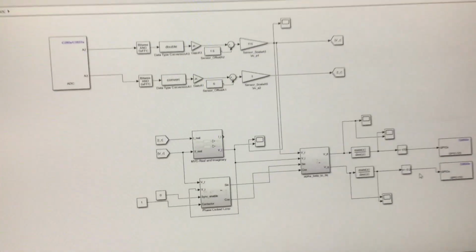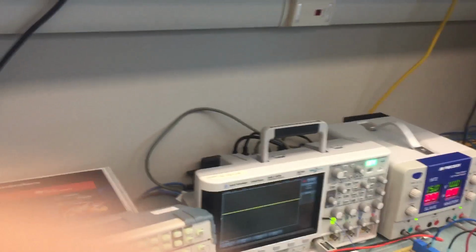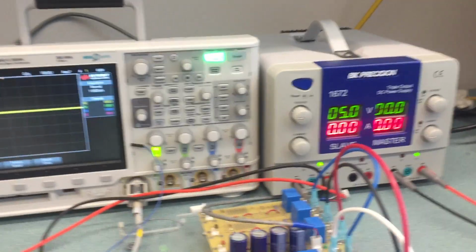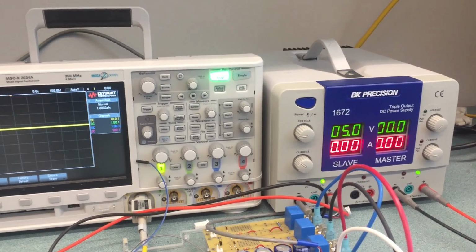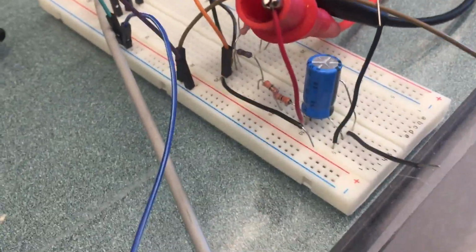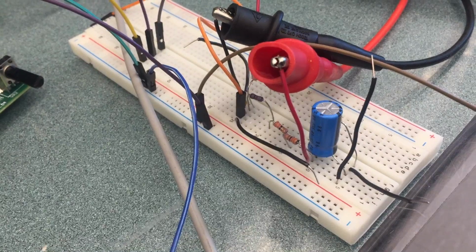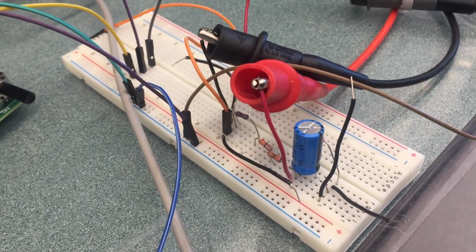So now how we have done this practically is that over here we have got a DC power supply. Now in order to have this regulated at 0 and 3 volts, we have rigged up a small circuit over here, consisting of some capacitors and resistors which act as a voltage divider.